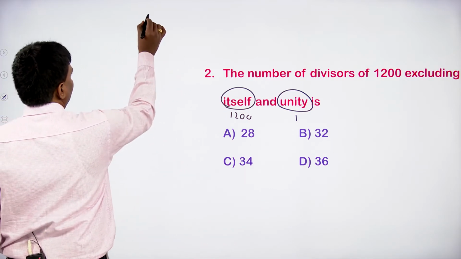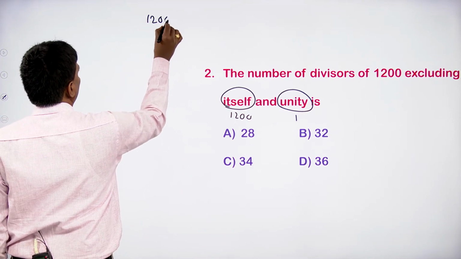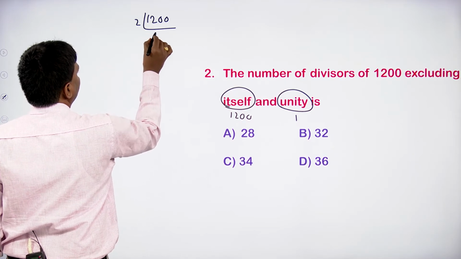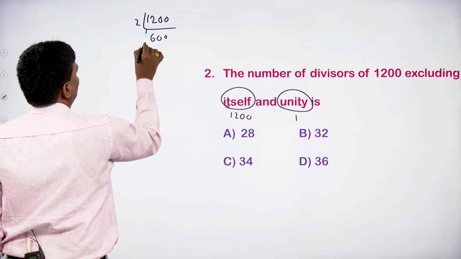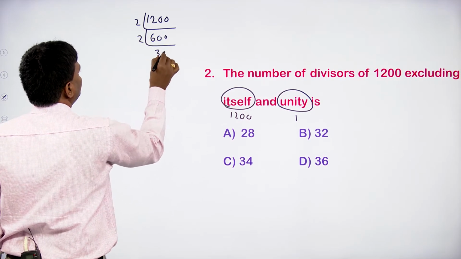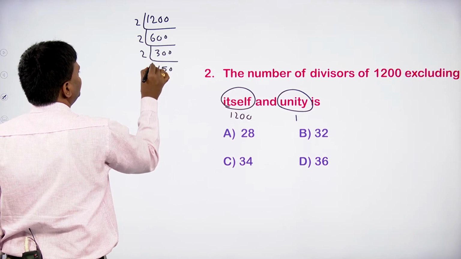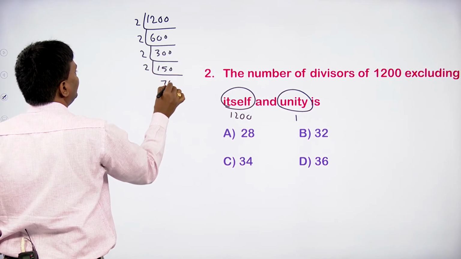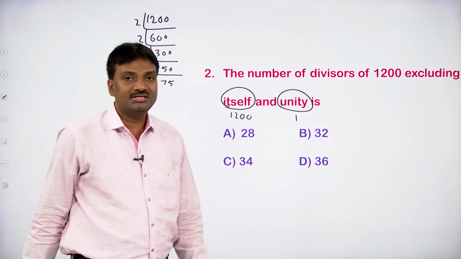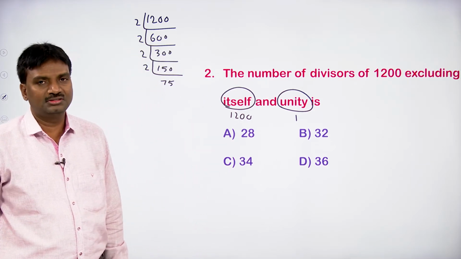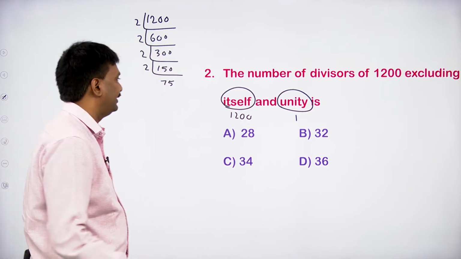So first let us take the LCM of 1200. 2 6s are 12, 0 0, 2 3s are 6, 0 0, 2 15s are 30, 0, 2 75 times. Next let us take 3, because 2 is not a factor of 75.